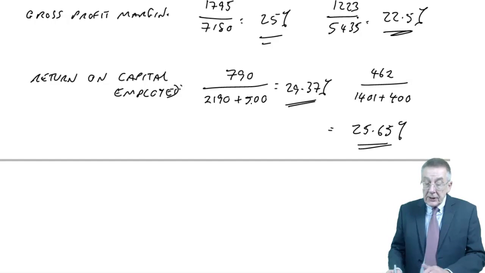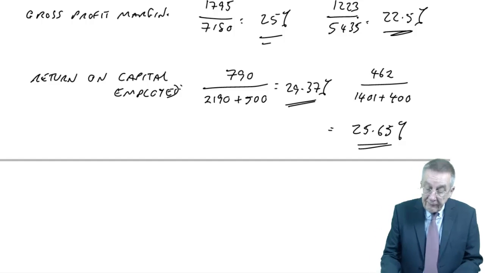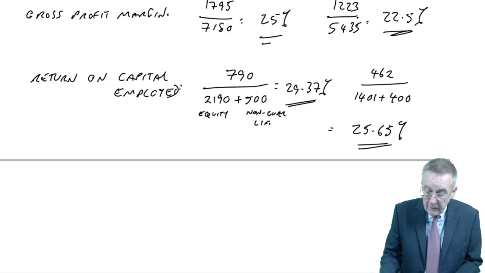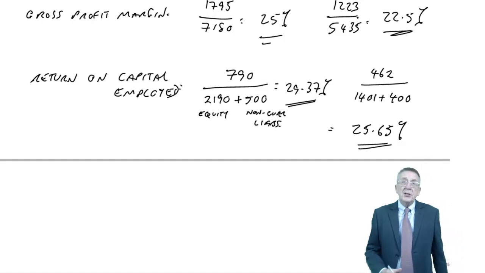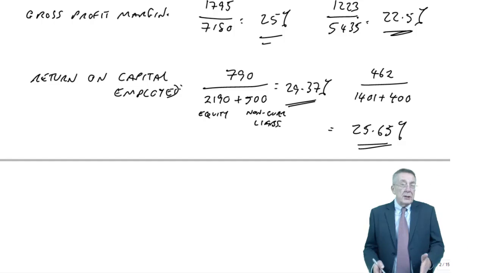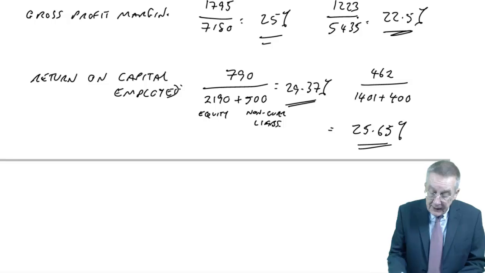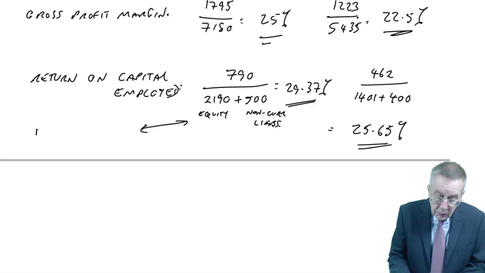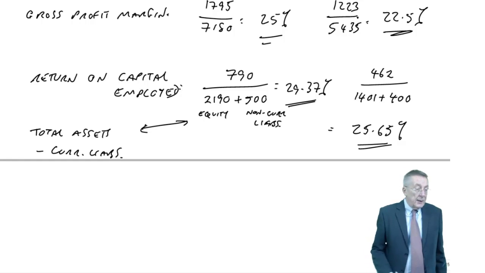One tiny thing, just because some books quote it differently. The long-term capital employed, if you just look at 2007, is the equity, shareholders' money, plus the long-term debt, the non-current liabilities. Do appreciate, depending on what information you're given in a question, that that's always going to be the same as the total assets minus the current liabilities. Just check for 2007.